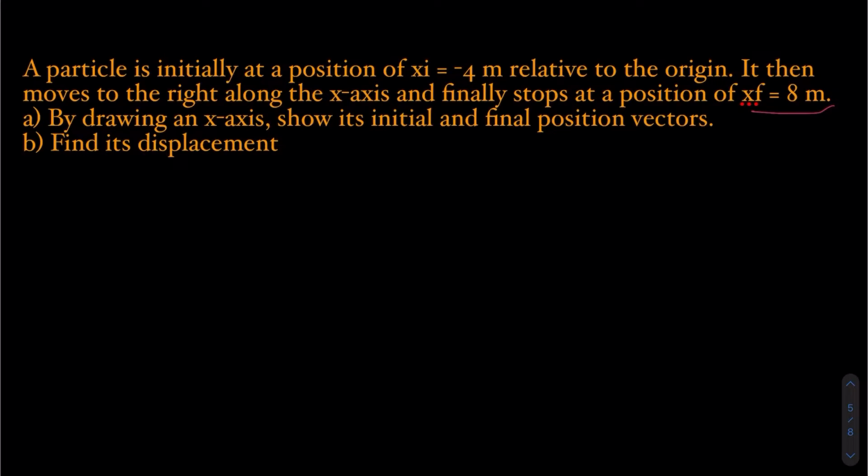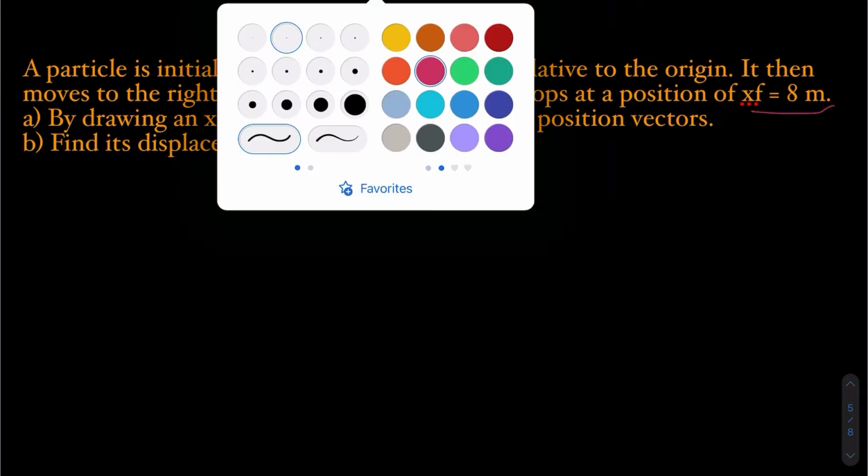So part A is asking, by drawing an x-axis, show its initial and final position vectors. So we know positions are vector quantities.